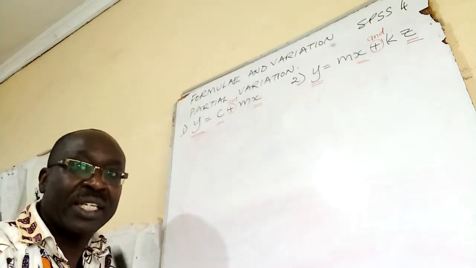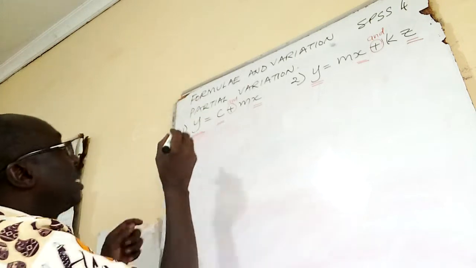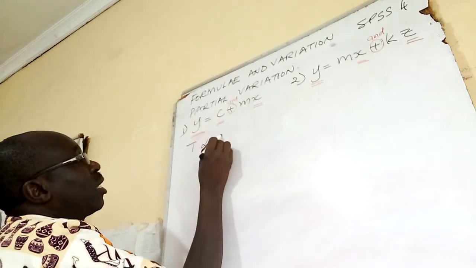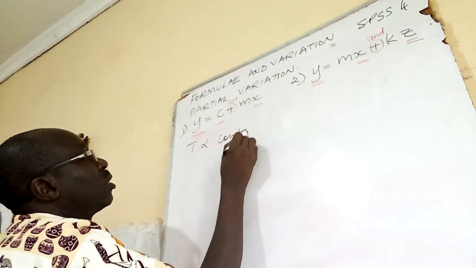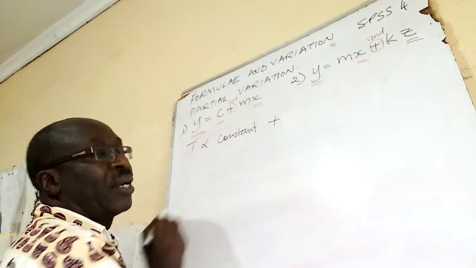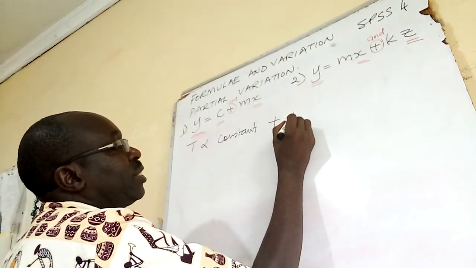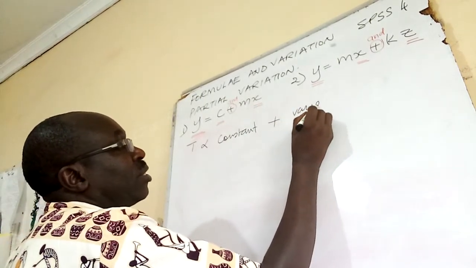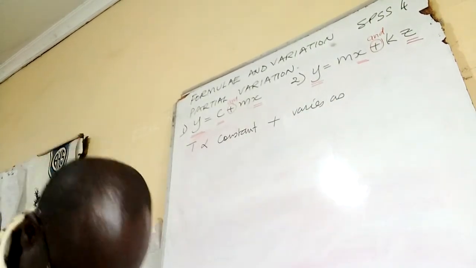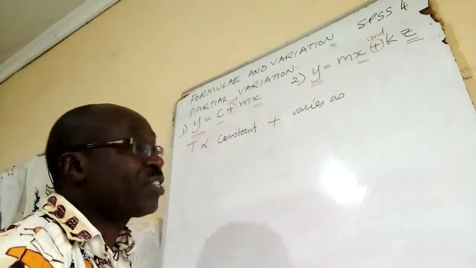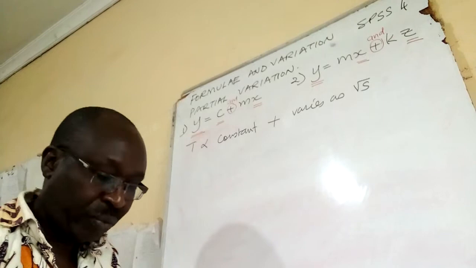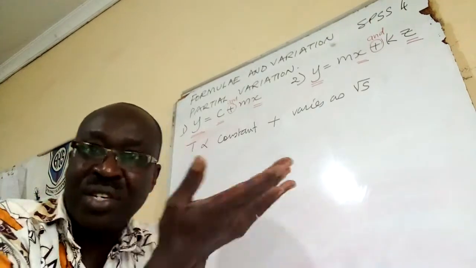So he says T partly constant, and then and varies as square root of s. I've just extracted the words.